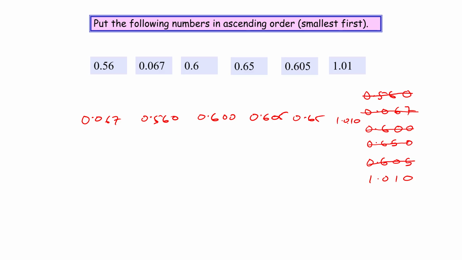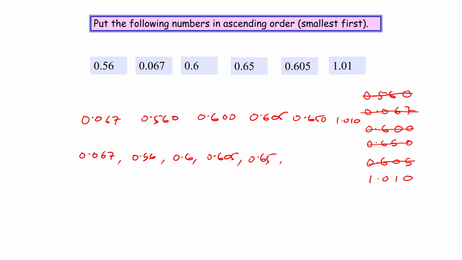So we can leave it like that, or we can reduce it back to what we started with, which was 0.067. Then we had 0.56 without the 0. Then we had 0.6, 0.605, 0.65. In fact, there was a 0 there.